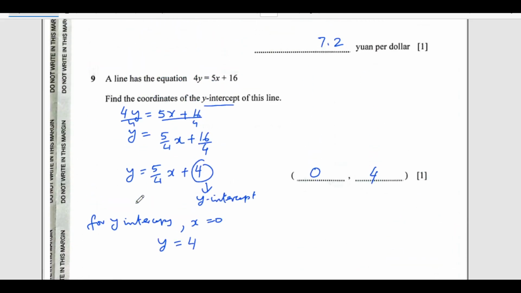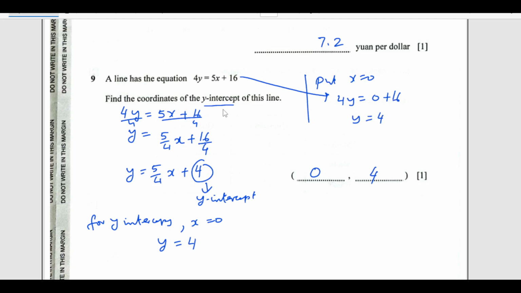There is actually no need to do this. You can directly, for the y-intercept, just put x equals 0. If you put x equals 0 in this equation, it becomes 4y equals 0 plus 16. That will also give you y equals 4. You can choose either way, because this is a 1 mark question, so you can do it directly.